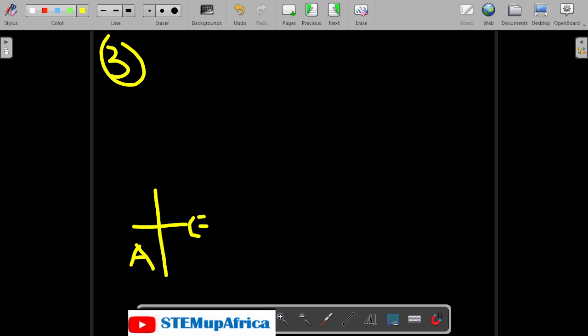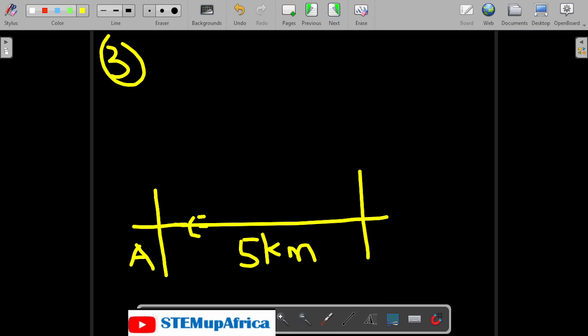Question 3. Let's say this is town A. This is the east. Say a man traveled this way for a distance of 5 kilometers to town B.